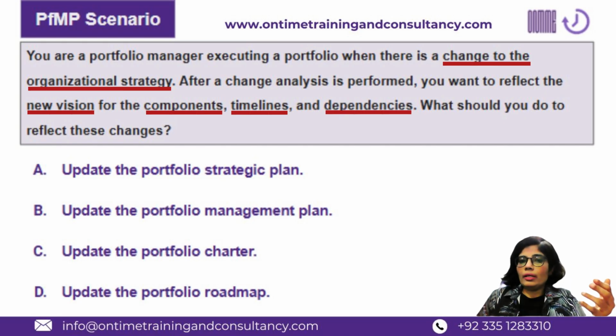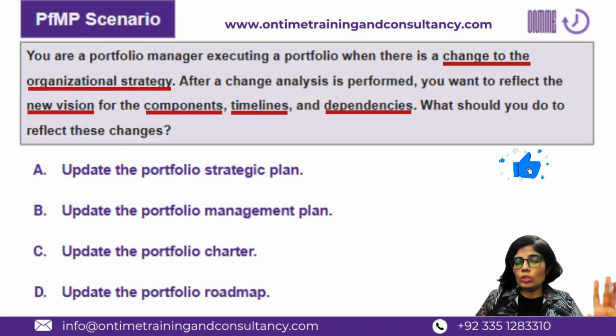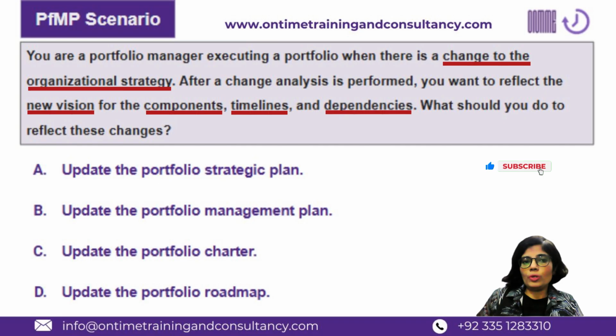So, in a sense, the new vision has to be reflected in all these strategic artifacts that I mentioned, and you can see all those key deliverables or key artifacts in the four option choices. So, which one is the correct answer? If the question only is about a strategic change process and you have to accommodate your portfolio with the change in strategy, then all these four artifacts are supposed to be updated.